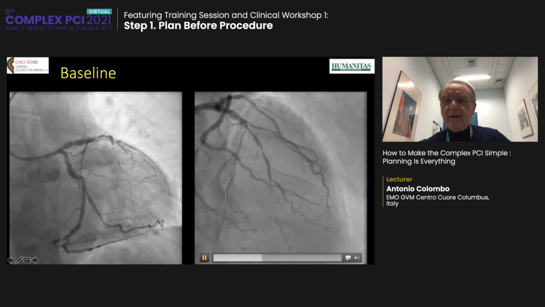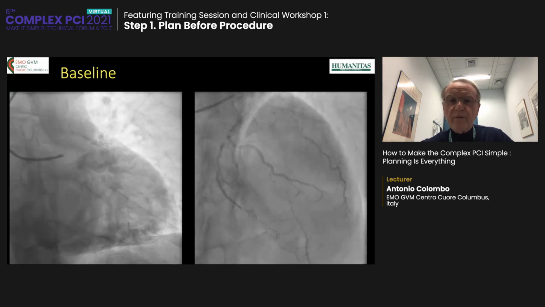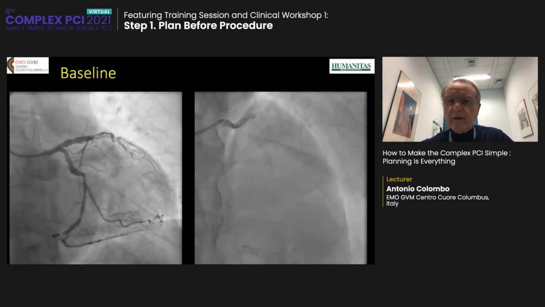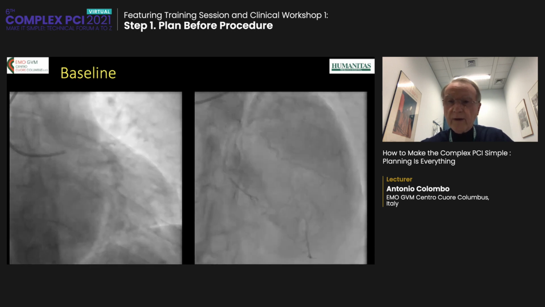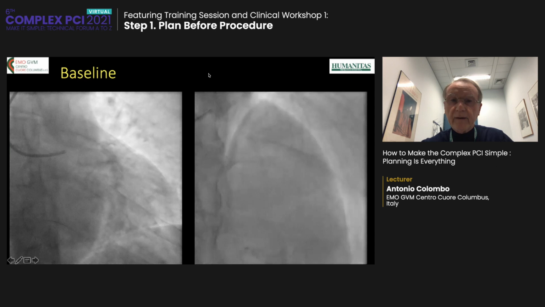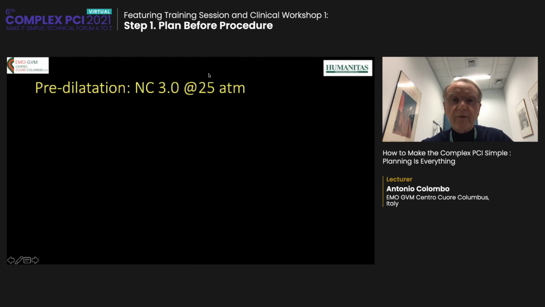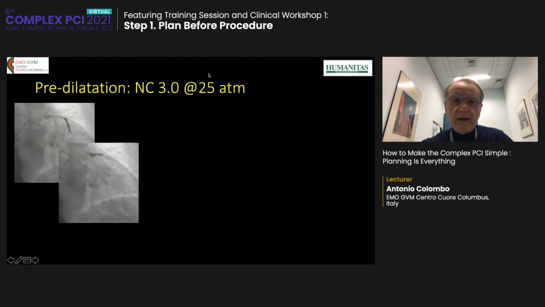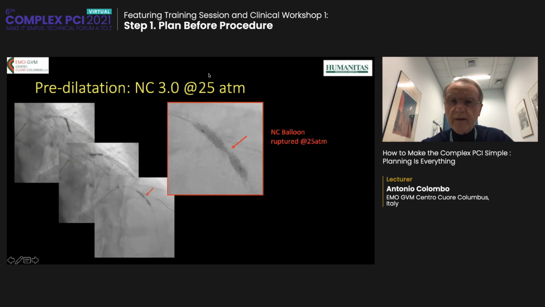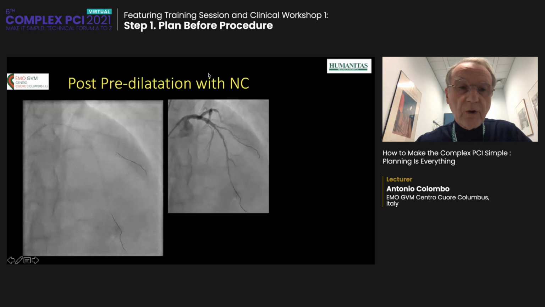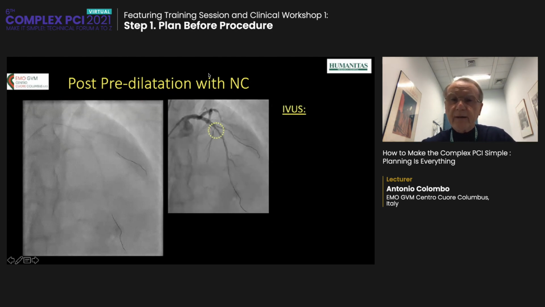Here is another example. You see a long diffuse disease of the left anterior descending, calcific. This was prepared in the usual fashion, pre-dilatation with high pressure balloons. Balloon was not expanded, so we utilized shock wave. I go quickly here because this is nothing new.